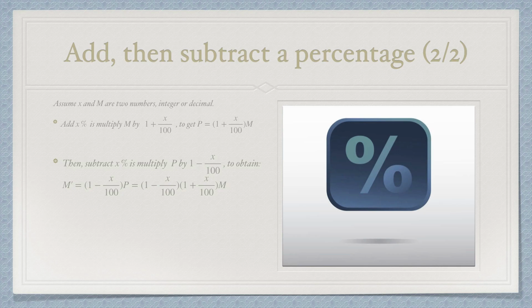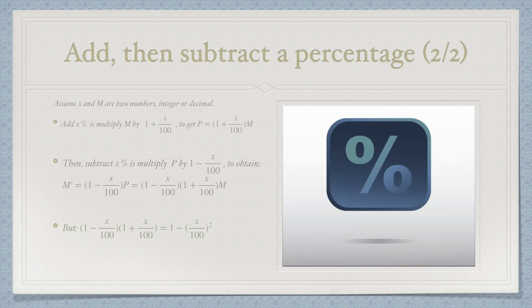Then if we subtract x% to p, we multiply p by 1 minus x over 100 to obtain m prime is equal to 1 minus x over 100 p, that is 1 minus x over 100 multiplied by 1 plus x over 100, that's multiplied by m.